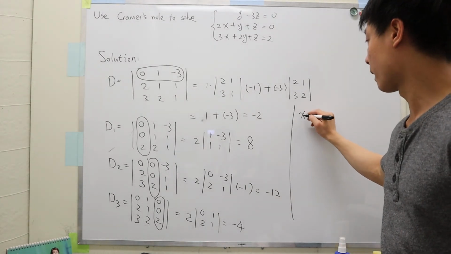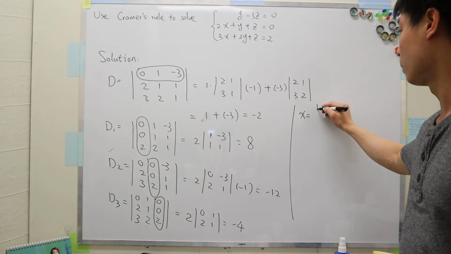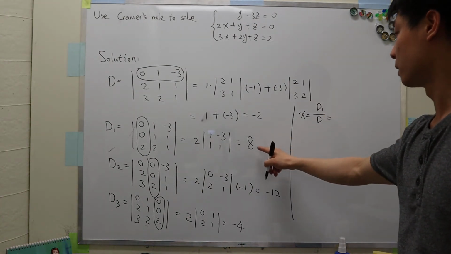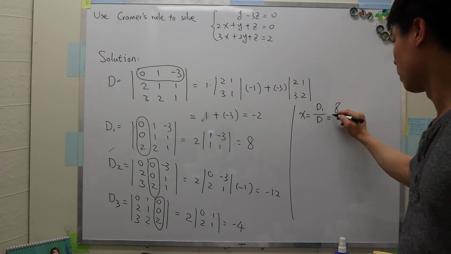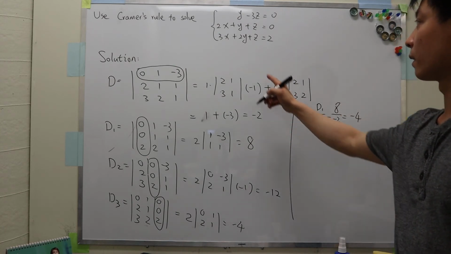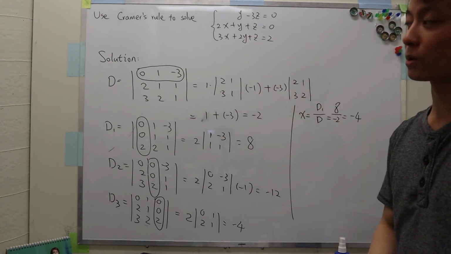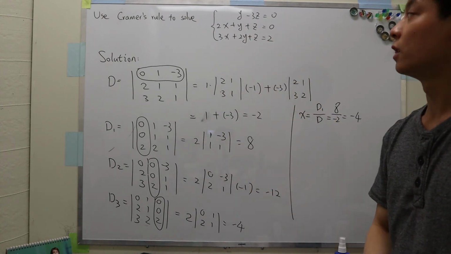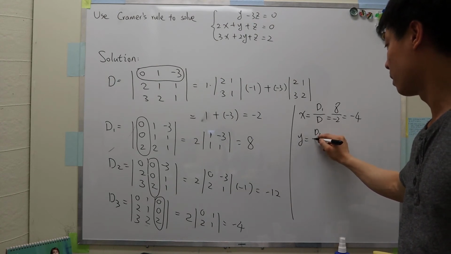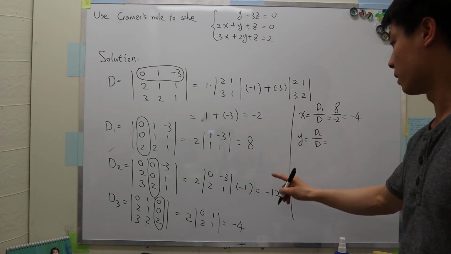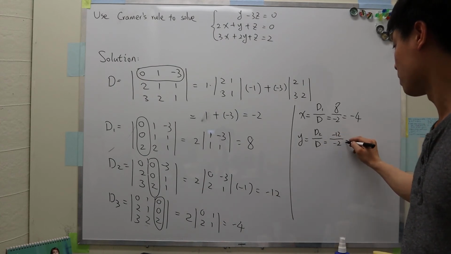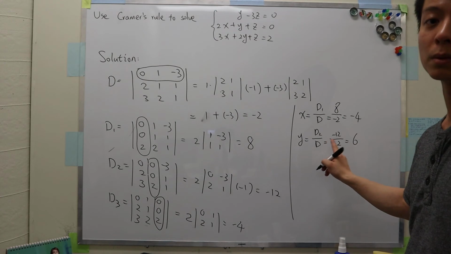According to the formula, x is equal to D1 over D, which is 8 over negative 2, and we have negative 4. And then y here is in the second column, so we will be using D2 for y. So y is equal to D2 over D, which is negative 12 over negative 2, which is 6. Y is equal to 6.